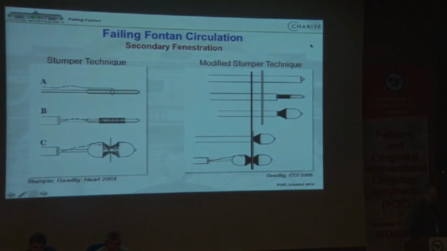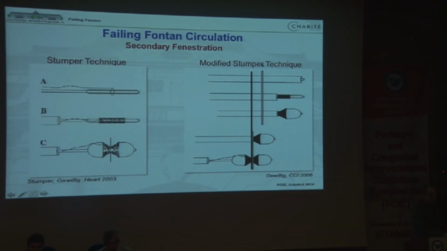If you look at the very end at the really failing circulation, there are some techniques described to open up the fenestration. This is Oliver Stümper, and the Stümper technique with a Diavolo stent formation, which is created by a pacemaker lead with a measure of the diameter that you want to achieve.